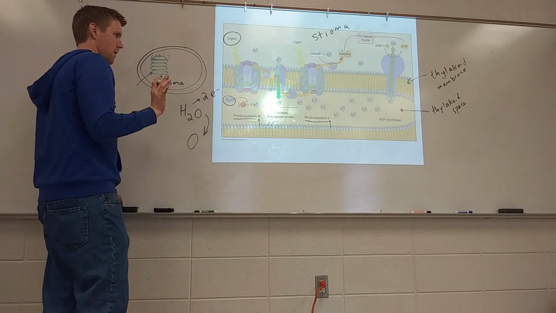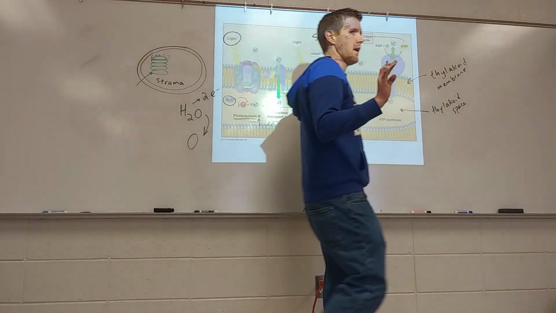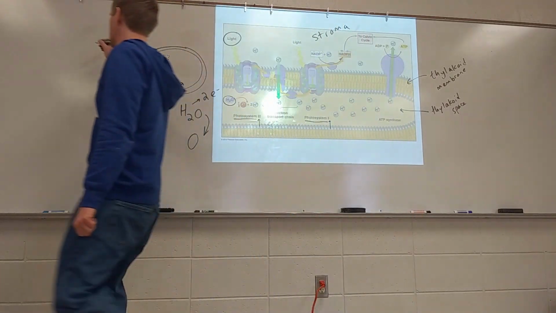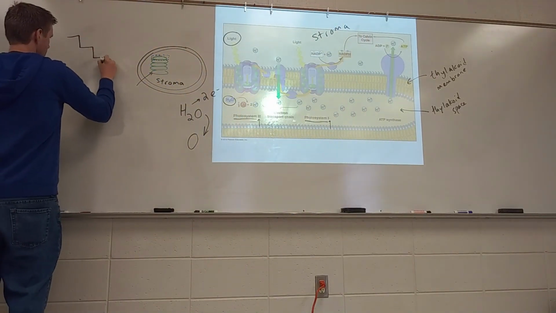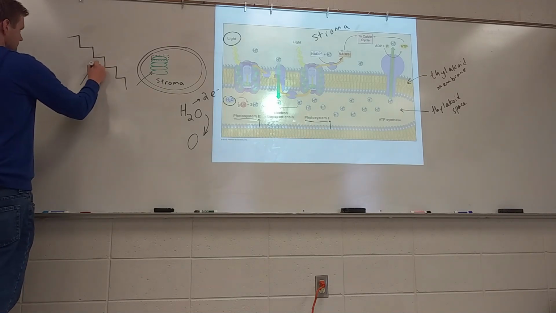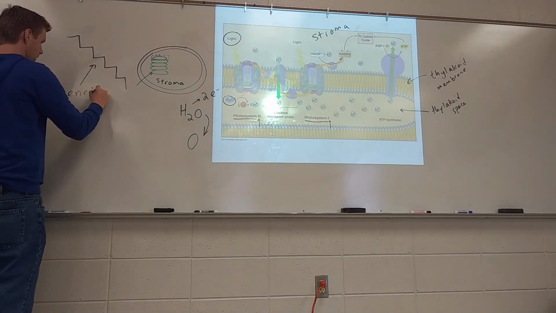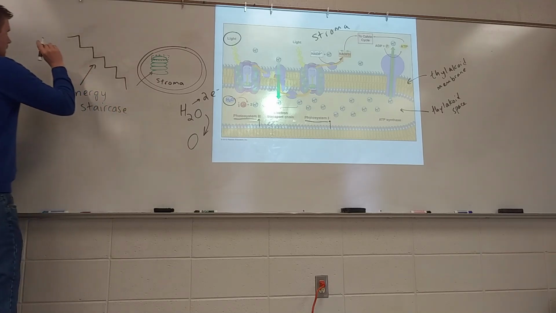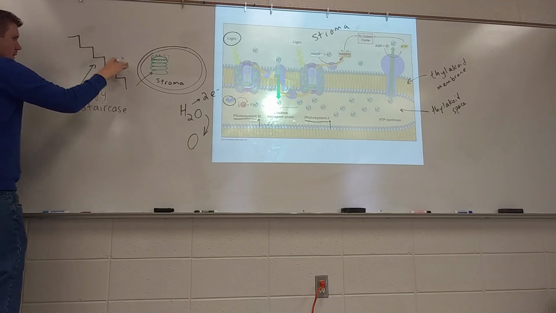Do you guys remember, and I hope you do, the energy staircase from the last chapter? I guess it's technically still this PowerPoint, but from the last chapter. Is that showing up on the camera? Yes, it is. Perfect. The energy staircase, if you remember, high energy, low energy.